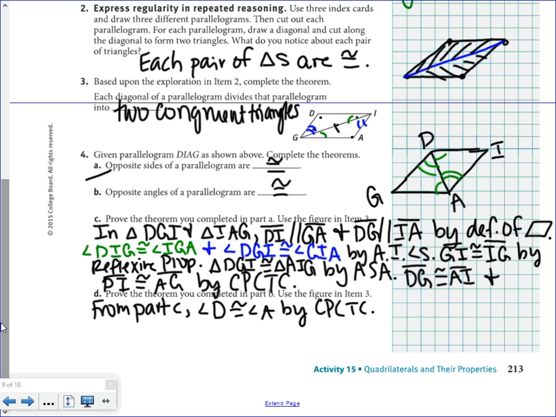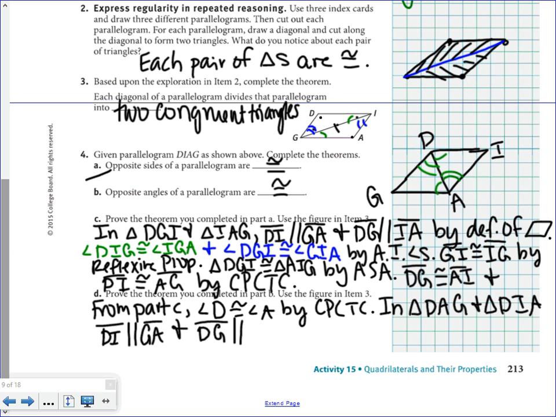So in our triangles, we have our sides DI parallel to GA and DG parallel to IA by definition of a parallelogram.